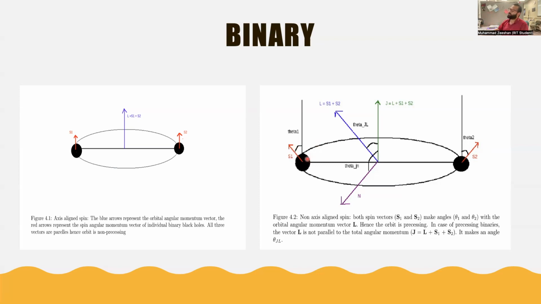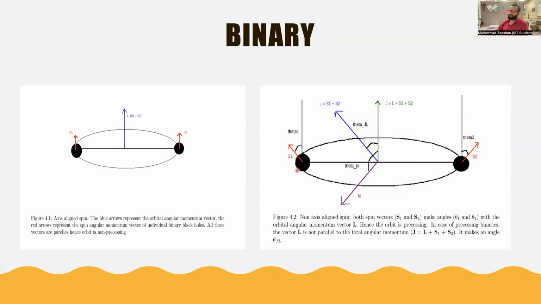So yes, we do have precessing binaries, and their alignment is not always aligned. It can be misaligned, it can be anti-aligned. So we use the theta angle and we call it cos tilt in our parameter estimation file. I will explain it there.